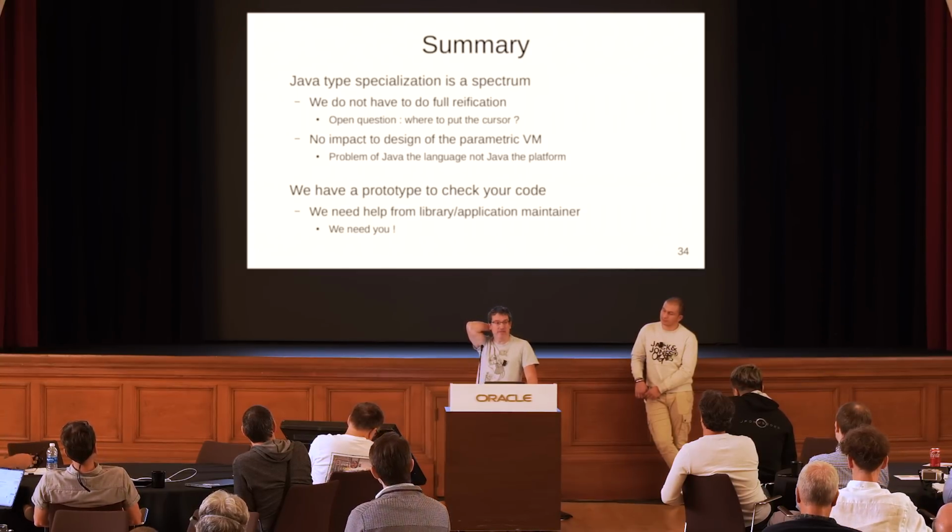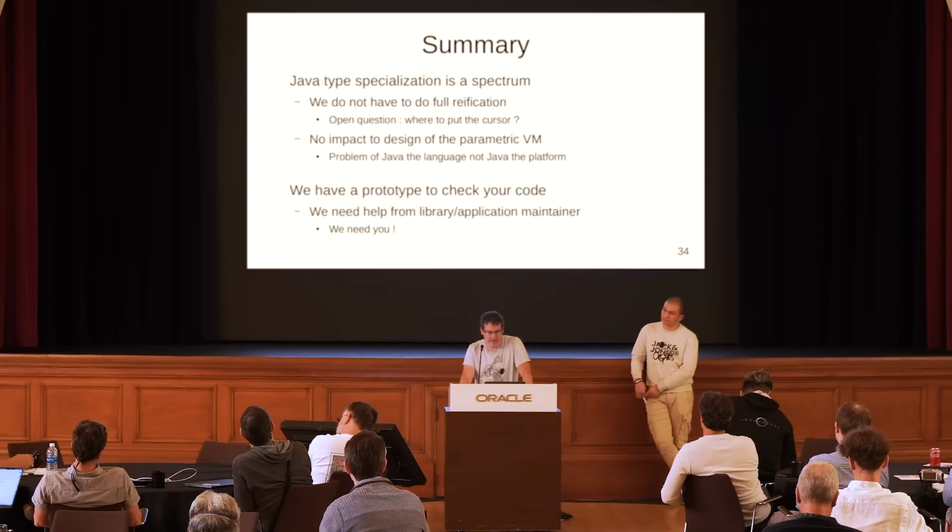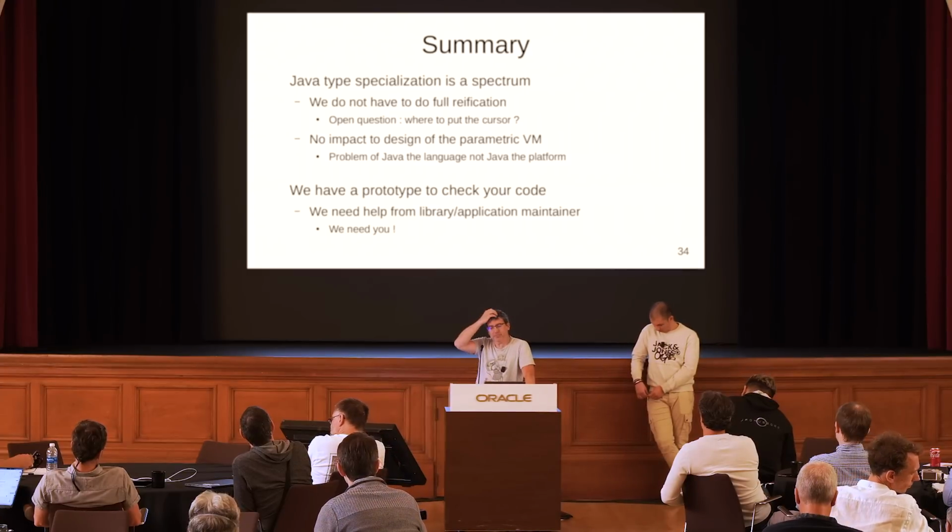I have no idea if languages like Kotlin or Scala have this kind of problem, because it's not exactly the same semantics. So each language may have a different threshold in terms of type specialization.